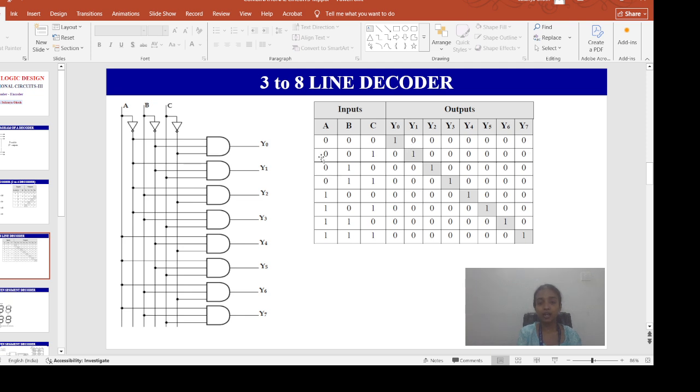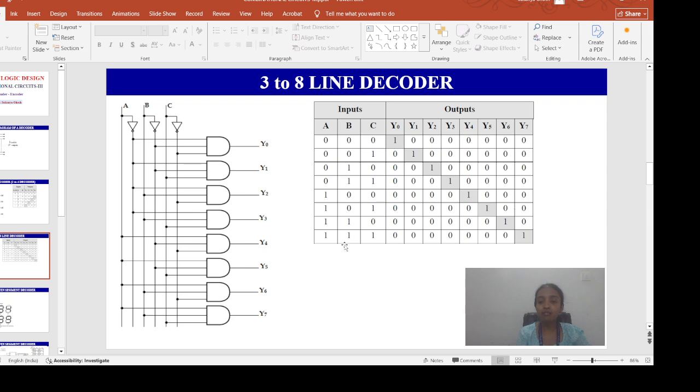y0 is A bar, B bar, C bar. So we are taking the inputs from A bar line, B bar line and C bar line. y1 means A bar, B bar, C. So take one input from A bar, one input from B bar, one input from C. So we have to put it in a 3 input AND gate.